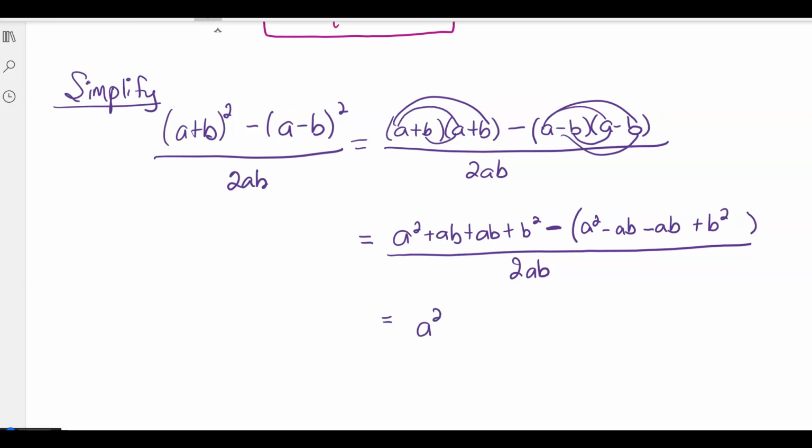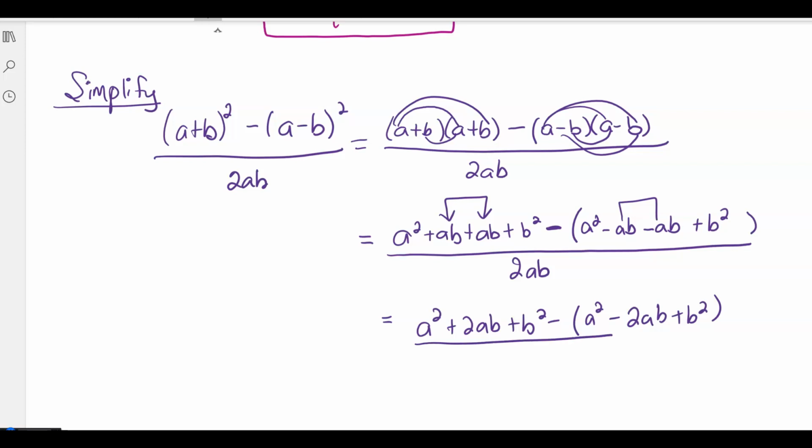So we have a squared. Now these are like terms, so that's 2ab plus b squared minus, all right, and again we have negative 2ab plus b squared, all divided by 2ab.